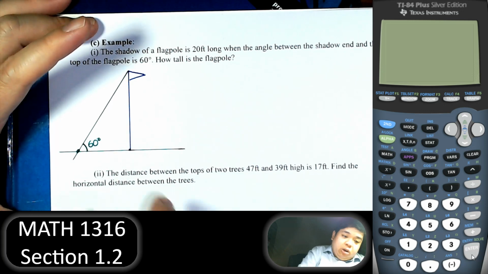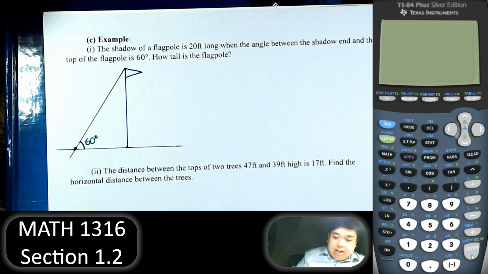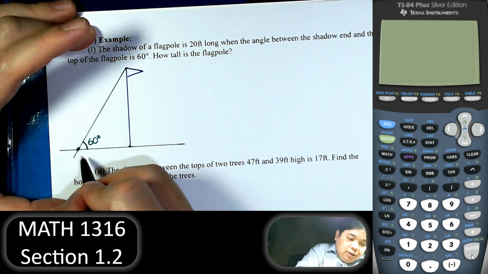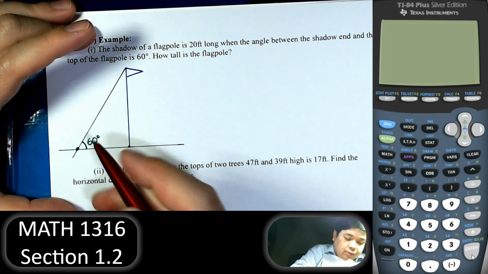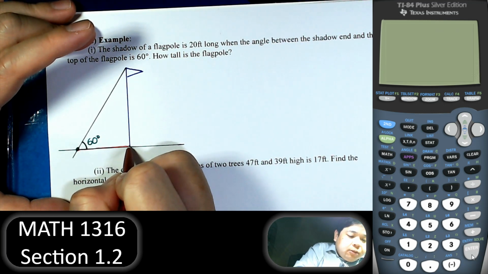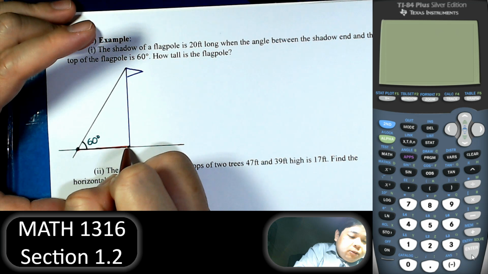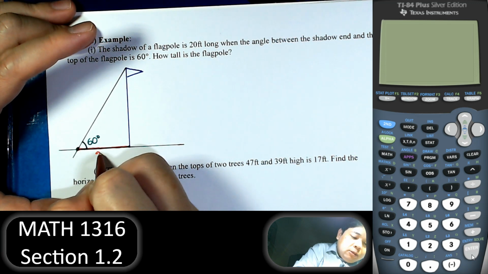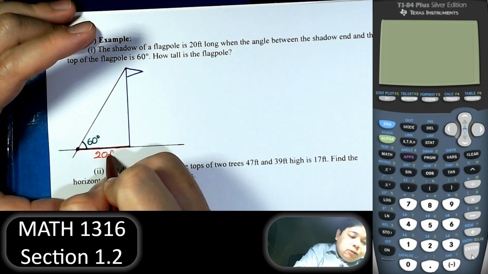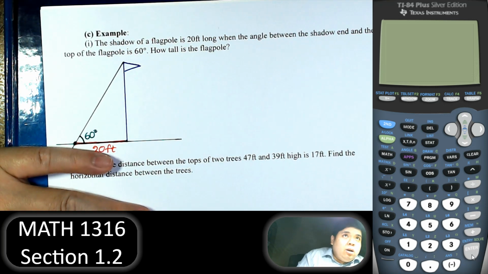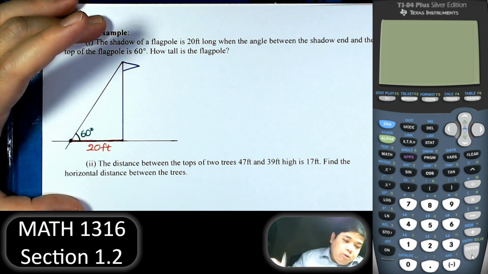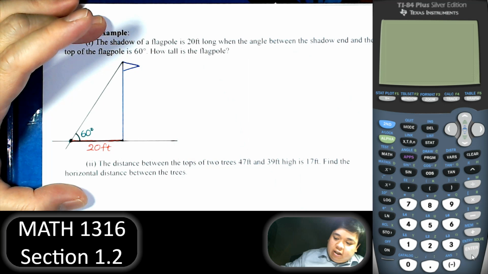And we know the length of the shadow is 20 feet. How tall is the flagpole? So we have to find this length.